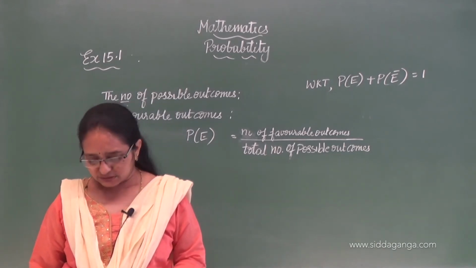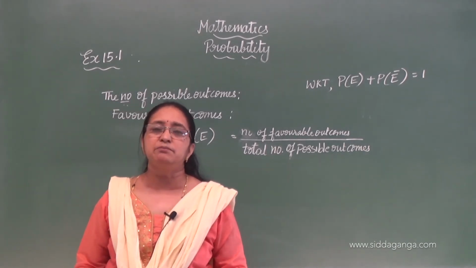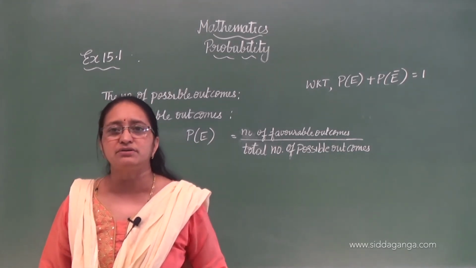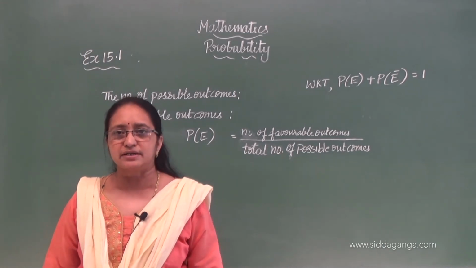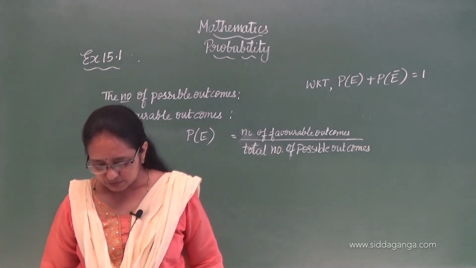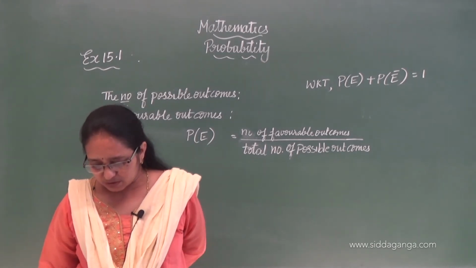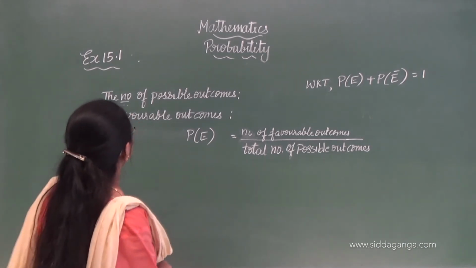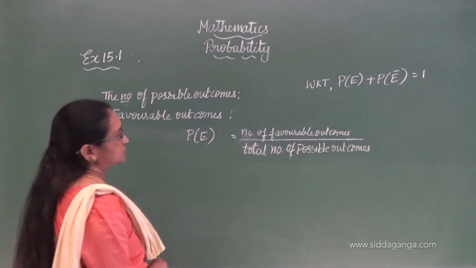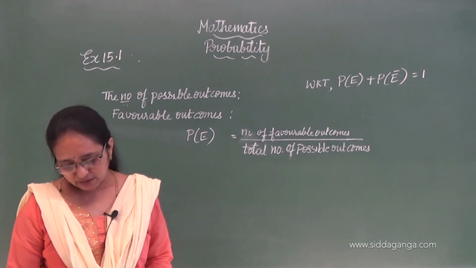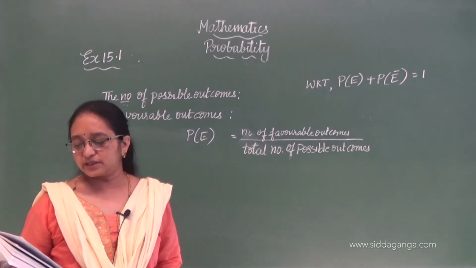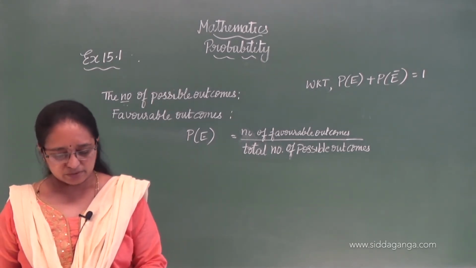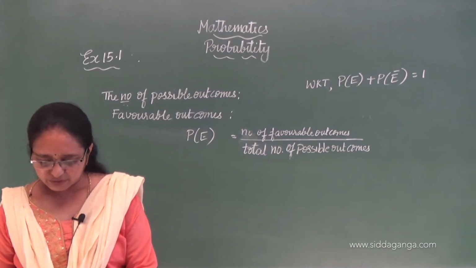So what is the probability then? The number of possible outcomes, how many candies are there? They have not given any number, so you can write like that only.